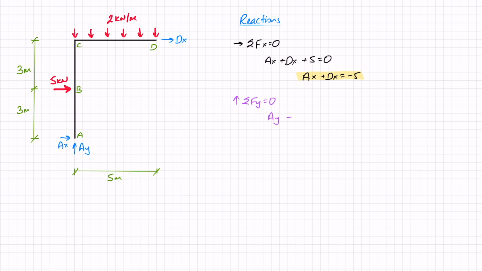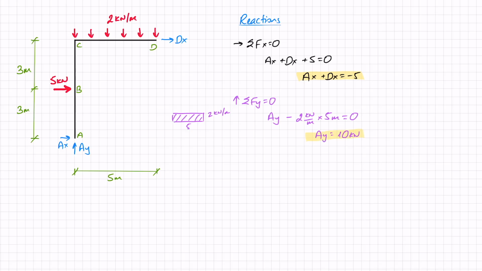As we said before, the area of that load is the force: the height is the value of the load, so 2 kilonewtons per meter, and the length is 5. So minus 2 kilonewtons per meter times 5 meters equals 0. The meter from the 2 and the meter from the 5 cancel each other out, and therefore I'm left with AY equals 10 kilonewtons.